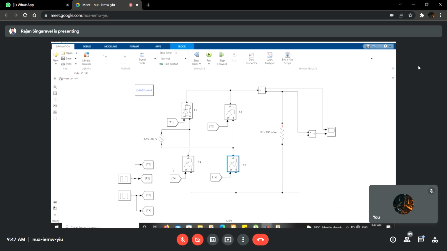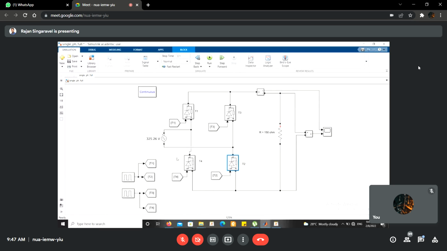This concept we have already seen in the class before the lab, during the lab introduction class.